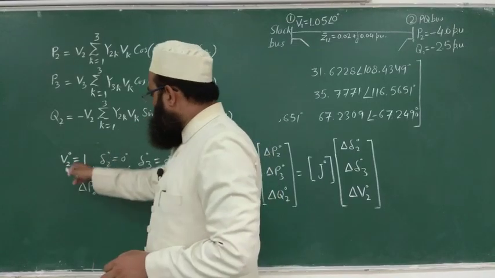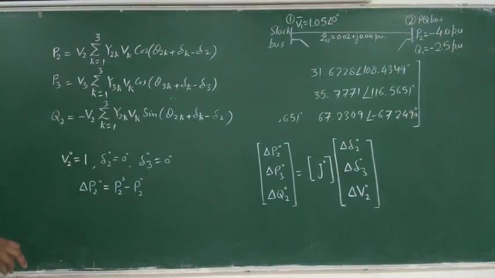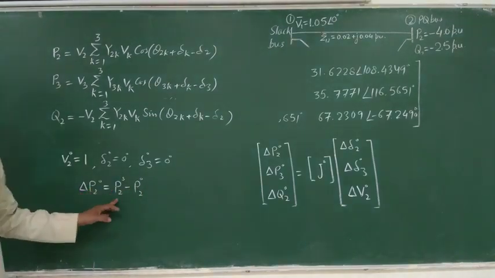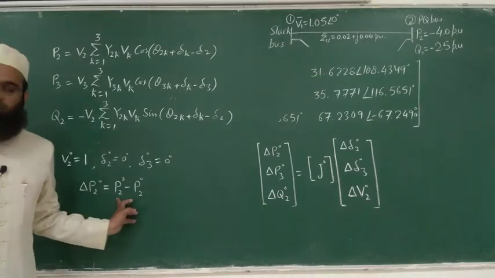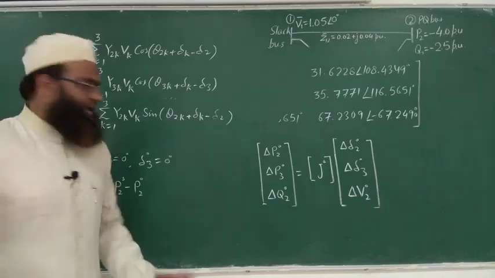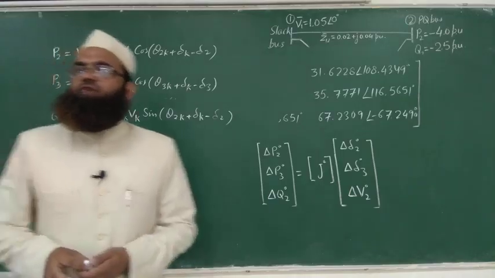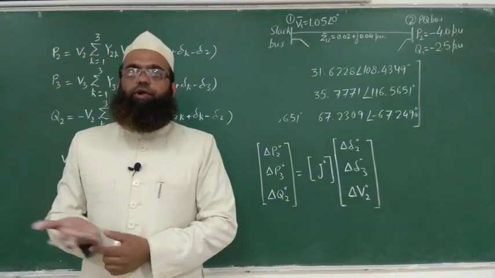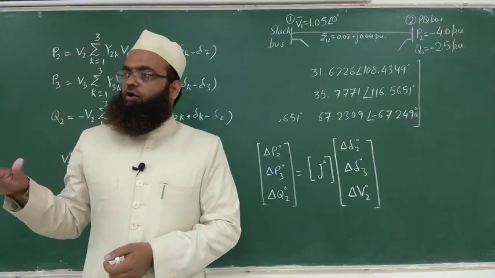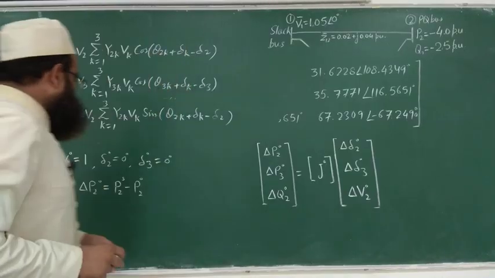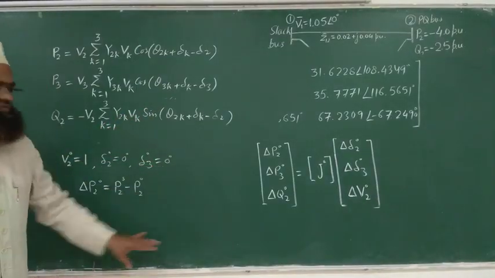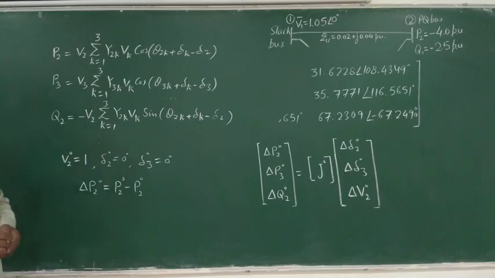If P2 1 is there, suppose del P2 1, so P2 specified will be fixed minus P2 1. What does it mean? P2 1 means calculate P2 by substituting the values of the variables which you have obtained at the end of first iteration, and so on. Are you getting or not? Okay. So similarly, del P3 0 and del Q2 0 will be evaluated.